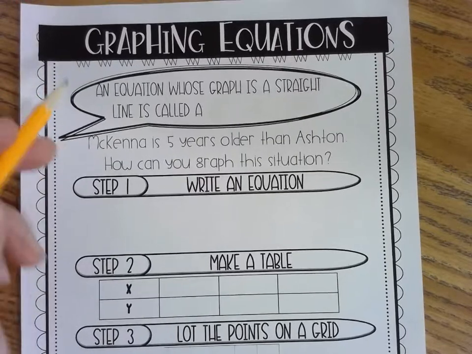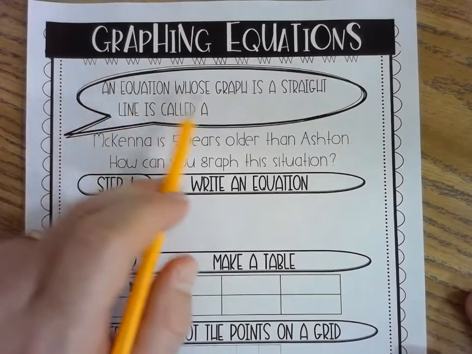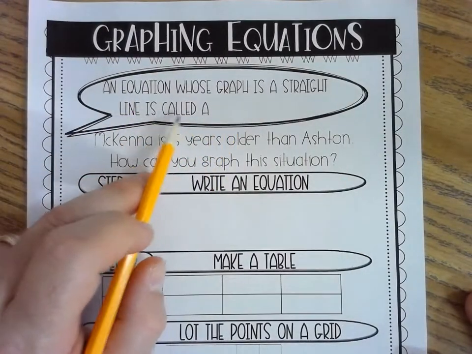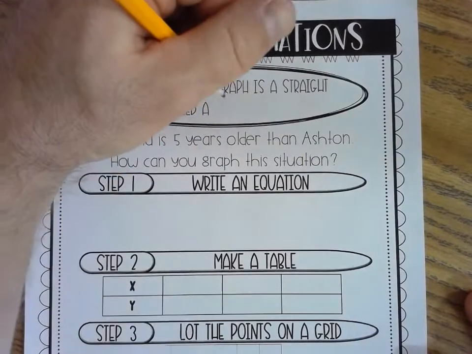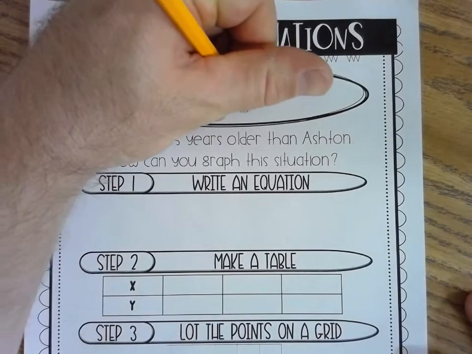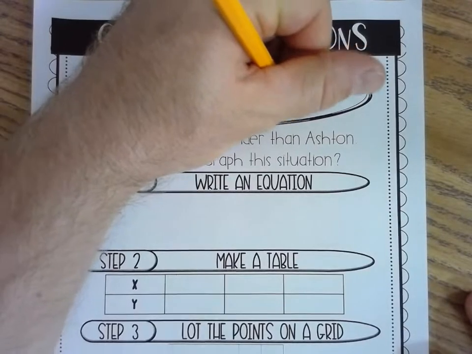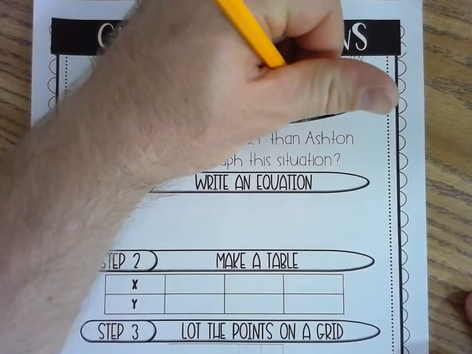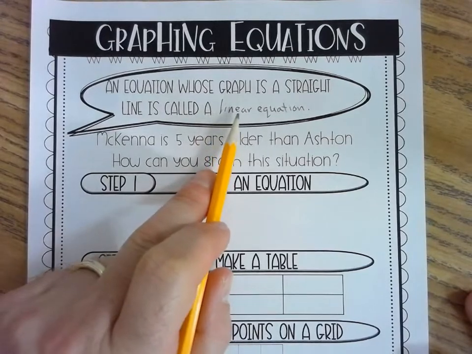Alright, so this first little bubble here: an equation whose graph is a straight line is called, this is two words, a linear equation. Anytime you're talking about a linear equation, notice the word line right here.